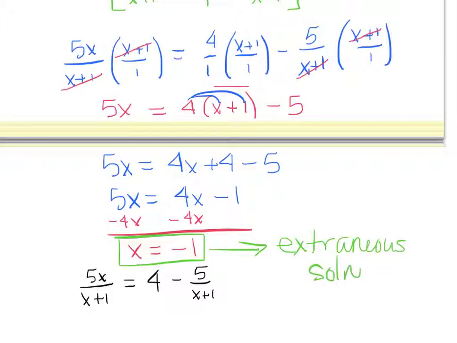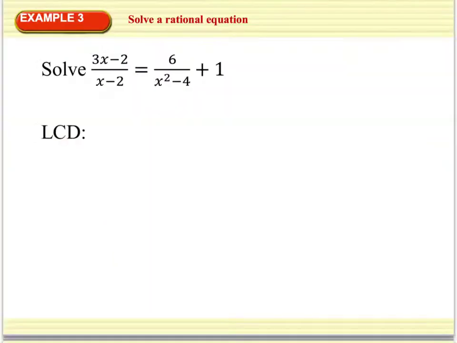And if you recall, an extraneous solution means it's something that I can solve for algebraically, but when I go back and substitute it in, it's not really going to work. So in this case, this tells me I have no solution for this problem. So please double check that your answers actually are truly solutions.